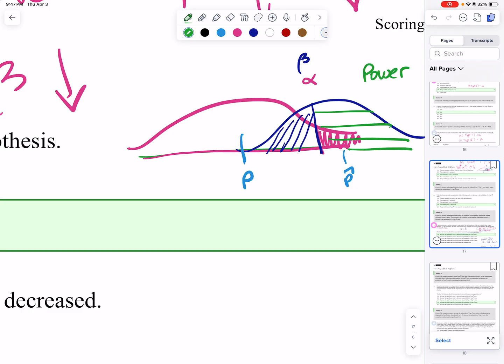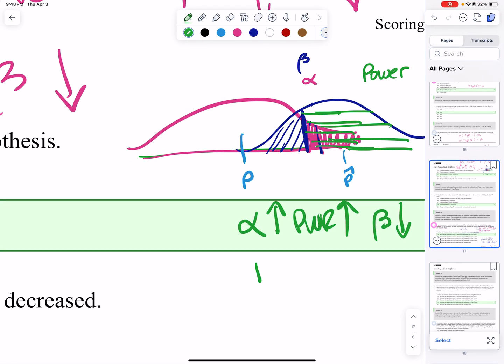Let's pretend that alpha is going to go up. So I'm going to make alpha go up here. Now of course, that makes beta go down, because beta is now based off of here, but that makes power go up. So let's say that again: as alpha goes up, power goes up and beta goes down. And remember, alpha is type 1 error and beta is type 2 error.